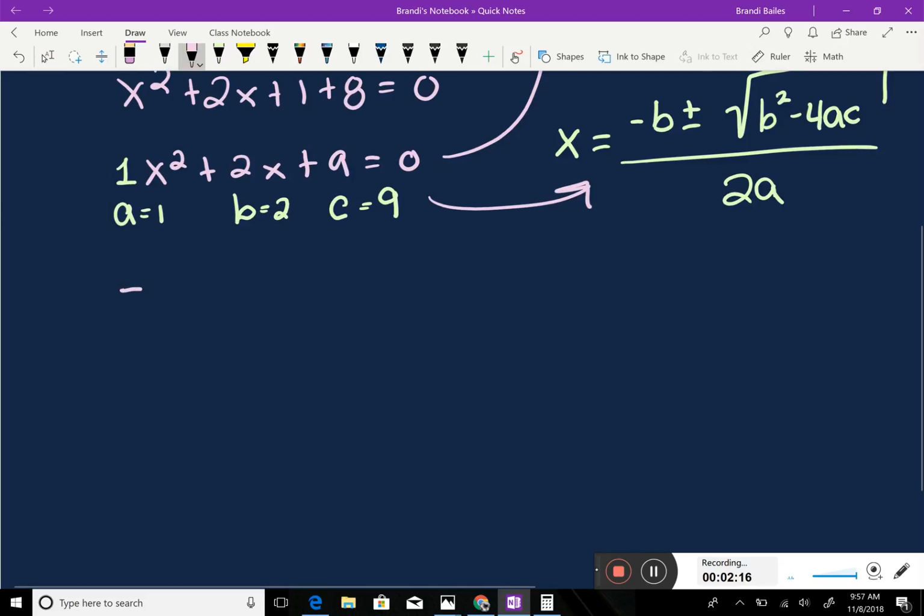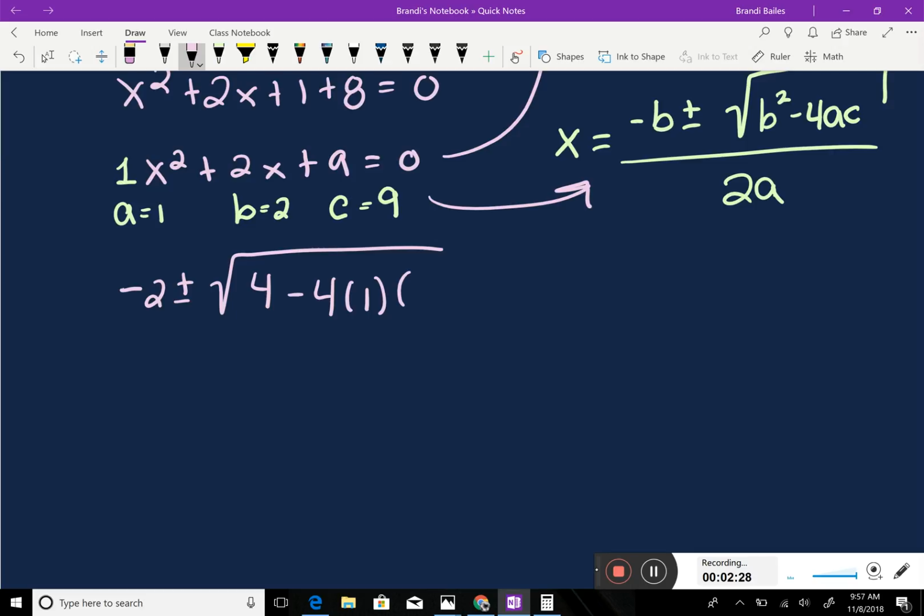So I'm just going to plug and chug these numbers into my quadratic formula. That gives me negative 2 plus or minus the square root of 2 squared, so 4, minus 4 times a, which is 1, times c, which is 9, and all divided by 2 times a. And a is 1.